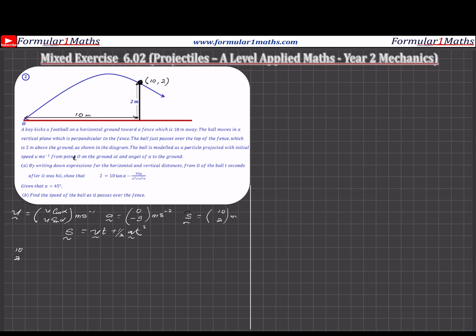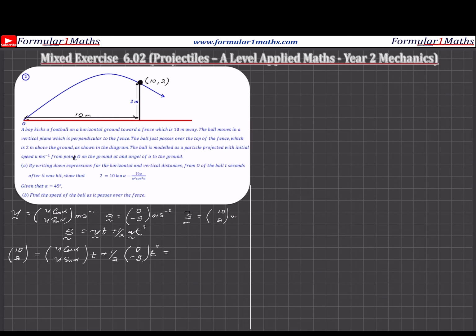10, 2 equals to u cos alpha, u sine alpha times t plus half brackets 0 minus g t squared.